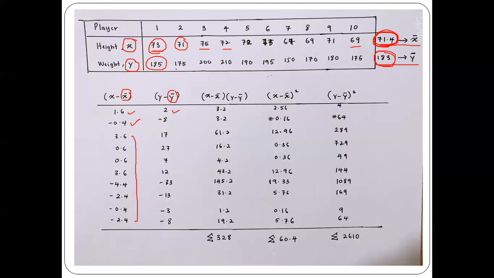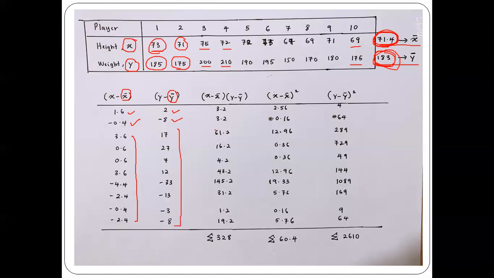And then continue with 175 minus 183, and you will get negative 8. So continue for 200, 210 until 175 minus 183, and you will get all these values.